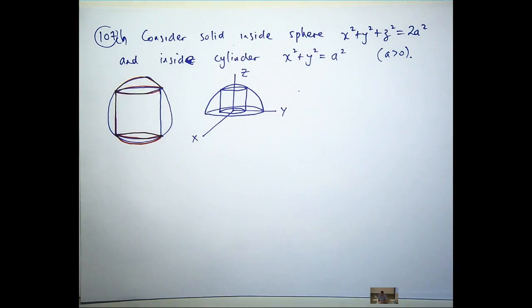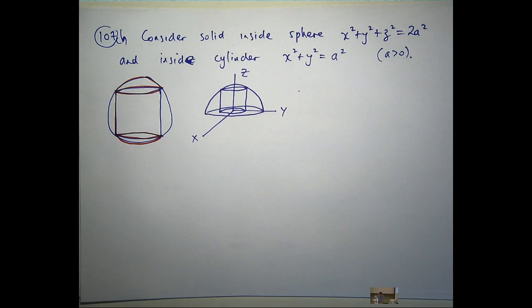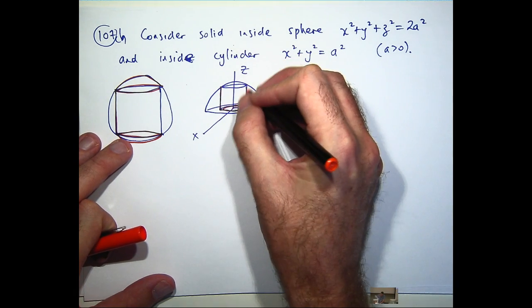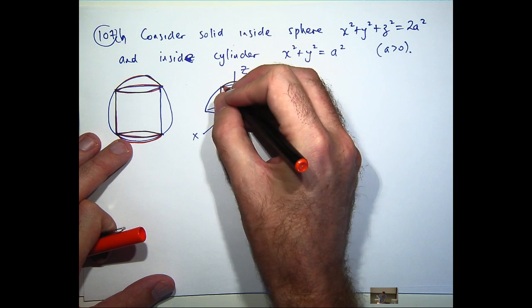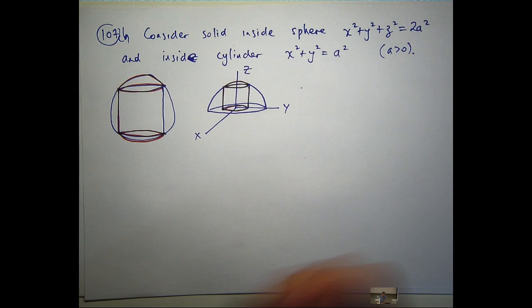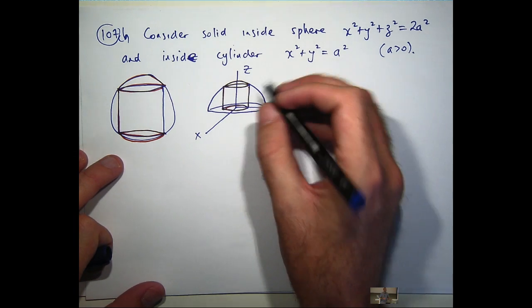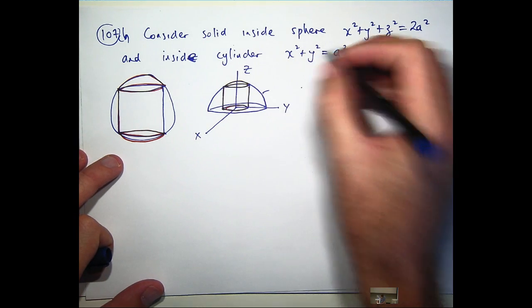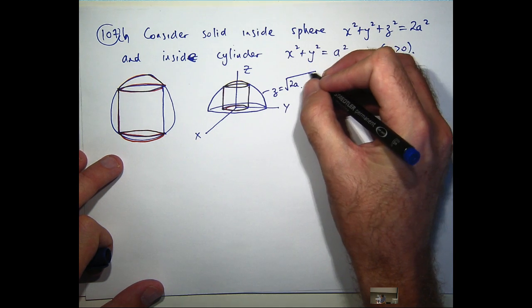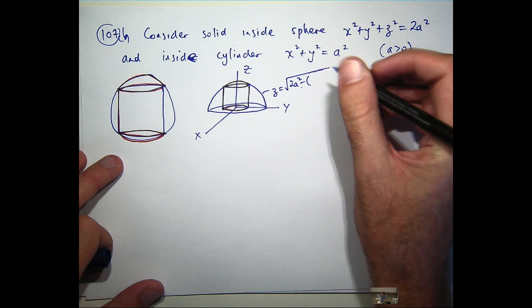So what we want here is the volume of this region here. Now, this will cut it something like, so this is just the top half of the cylinder. We'll calculate the volume for that and then we'll double it.